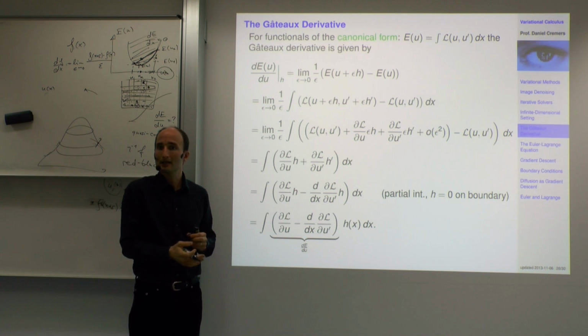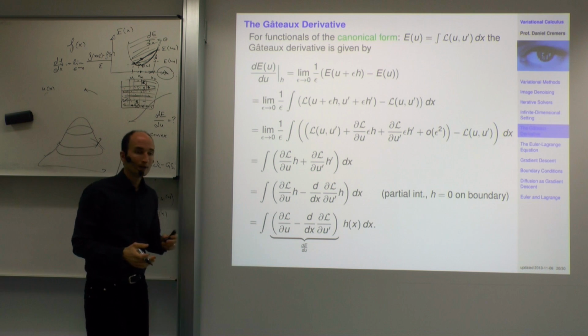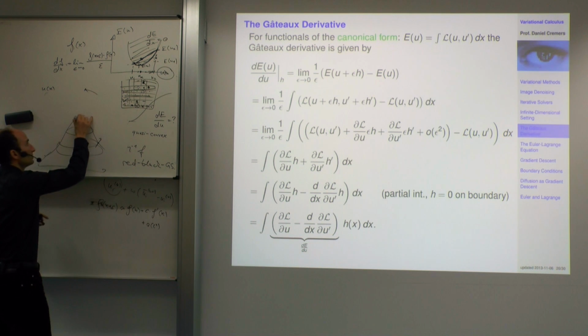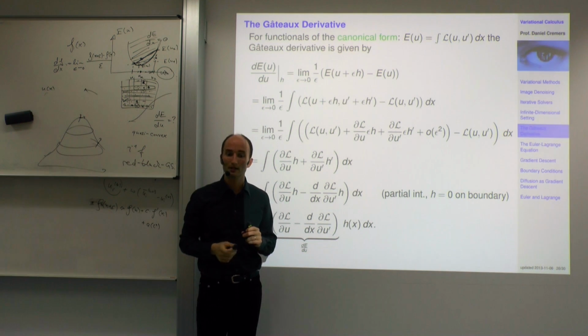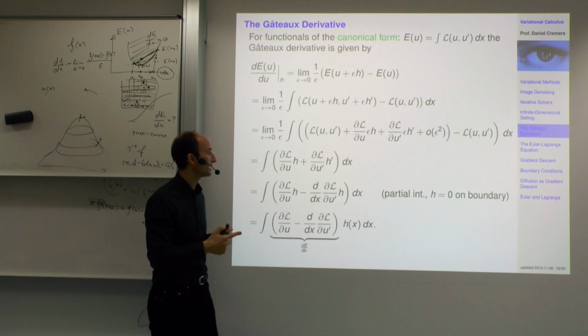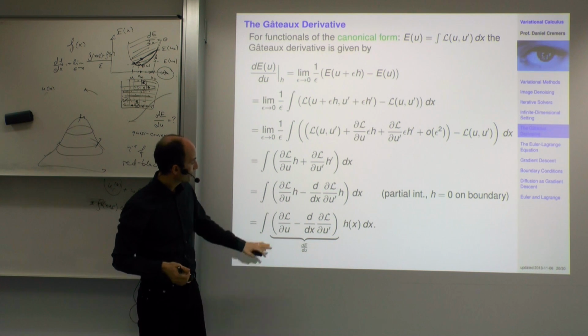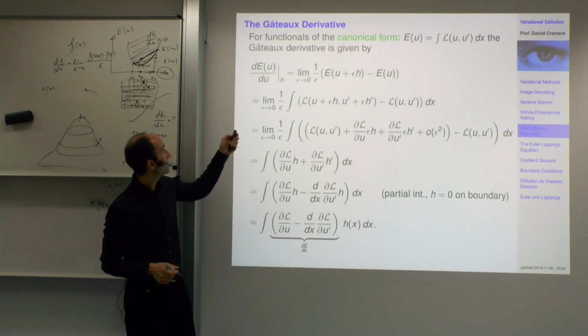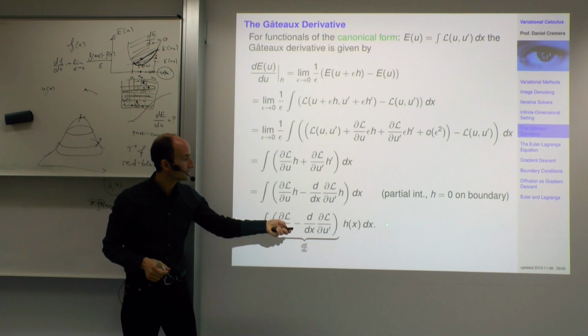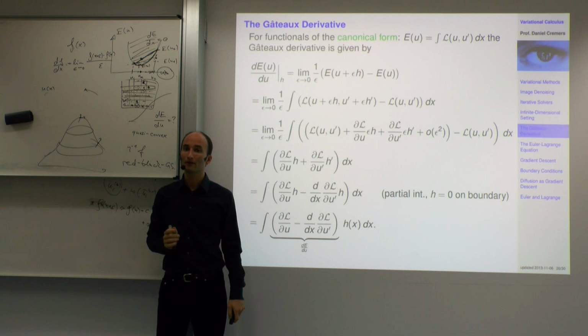It doesn't change, but that doesn't mean you're at a minimum. You're at a minimum or a maximum only if the derivative in any direction doesn't change the energy. And so in other words, for this to be an extremum principle, we now want this derivative to be 0 for any choice of function h.